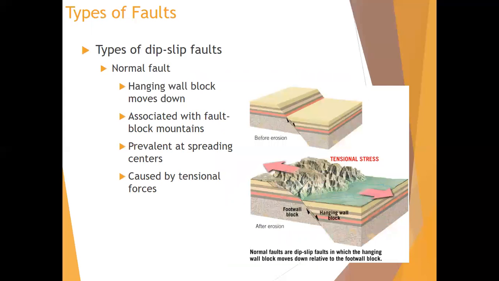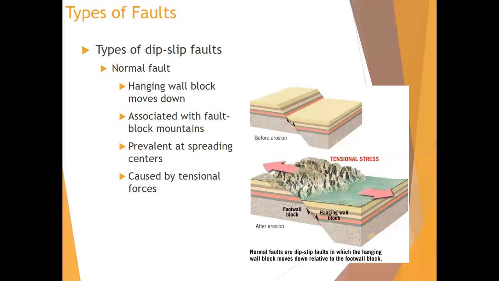There are now multiple different types of dip-slip faults. The first is a normal one. In a normal fault, the hanging wall block is going to move down the fault, moving down your footwall block. So the footwall block stays stationary, and that hanging block is going to move down. These are associated with the formation of fault block mountains.